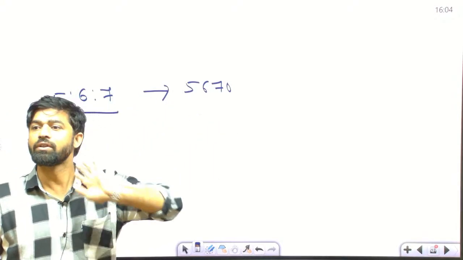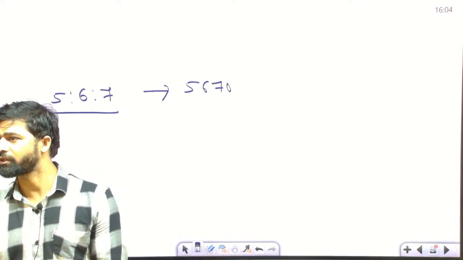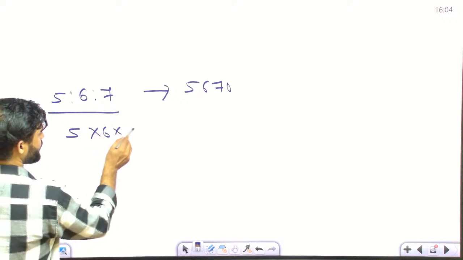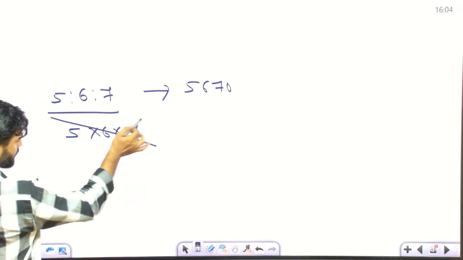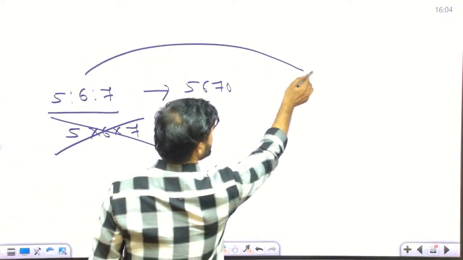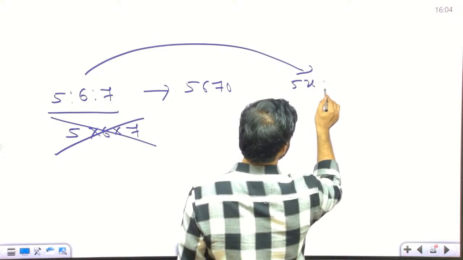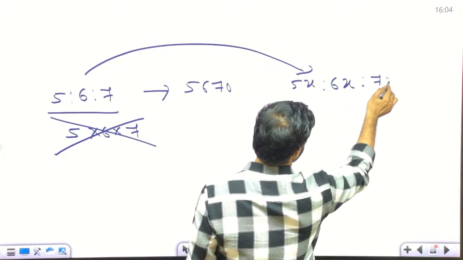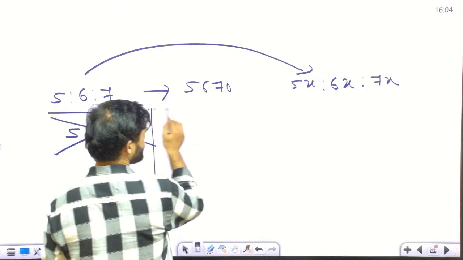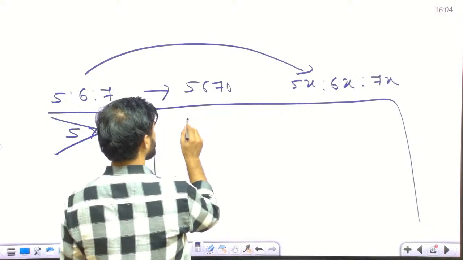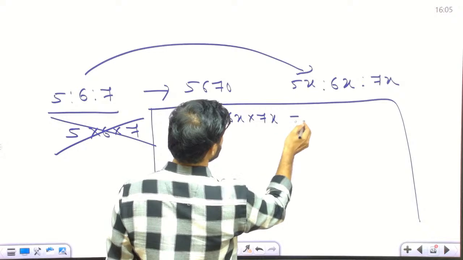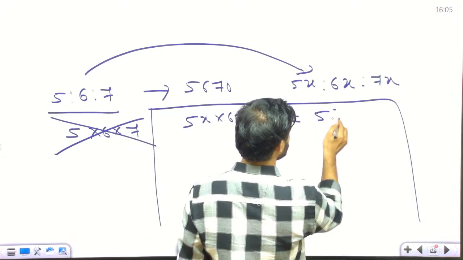This is not the case of subtraction or addition. If I do the question like 5 into 6 into 7, the question will not be possible. Why? Because the exact thing is the numbers are 5x, 6x and 7x. Now we have to take the product: 5x into 6x into 7x, and the product is 5670.